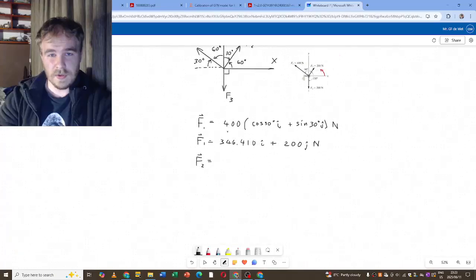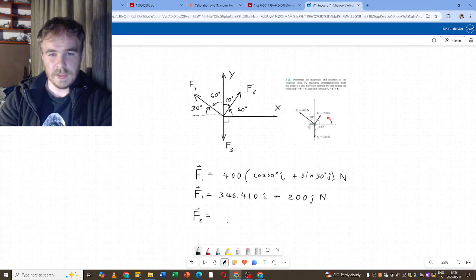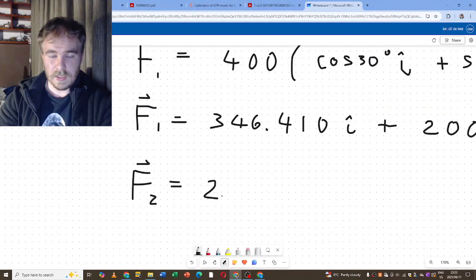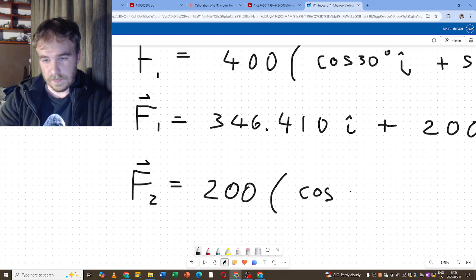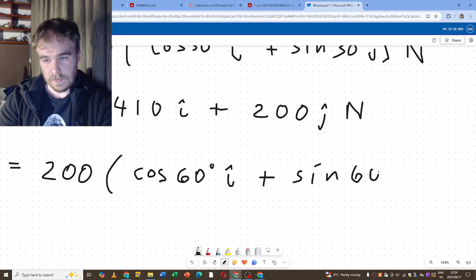F2, let's go see what is it all about. Okay, so this is 60 degrees removed from the x-axis, and it has a magnitude of 200 newtons. Right, so we're going to say that's 200 times cos of 60 degrees in the I direction, plus sine of 60 degrees.